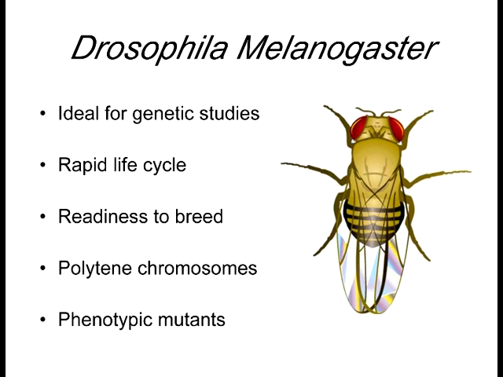And one of the biggest advantages of Drosophila is being able to manipulate their genetics and then see various mutations that come about. They're very easy to mutate and then see what happens. They're used quite extensively for genetic breeding studies as well as genetic manipulation studies. It's all about Drosophila, really.